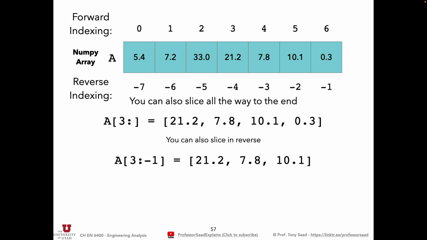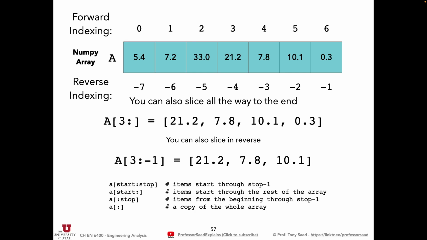Say I forgot, is it indexing from 0? Just write an array and try A[0] and A[1]. Oh, okay, it's 0 indexing. Now I remember Python does that, and keep going. So here I have a summary for you of how we can use this. A[start:stop] is the simplest, cleanest way of doing it.